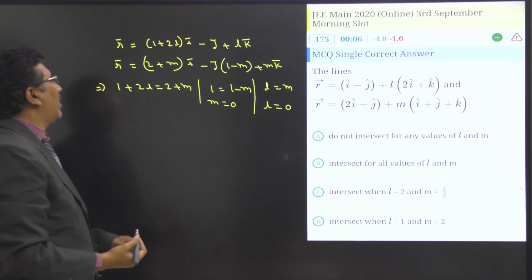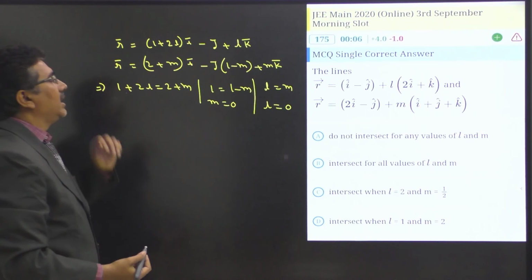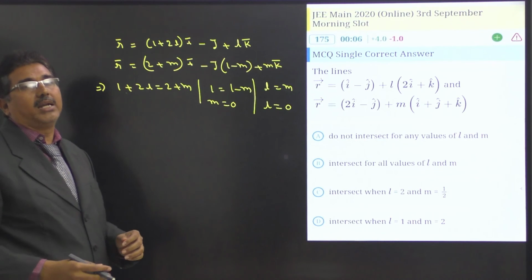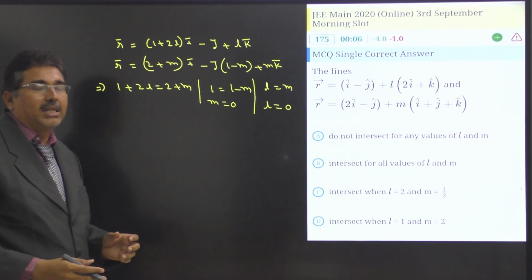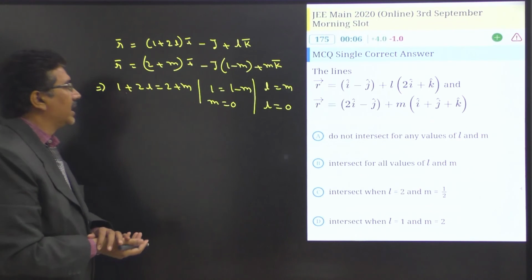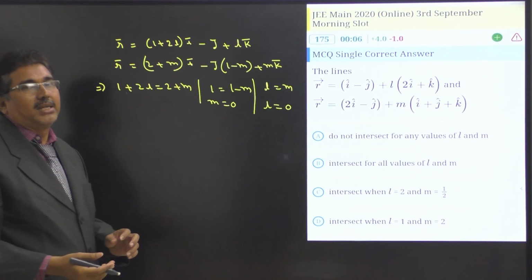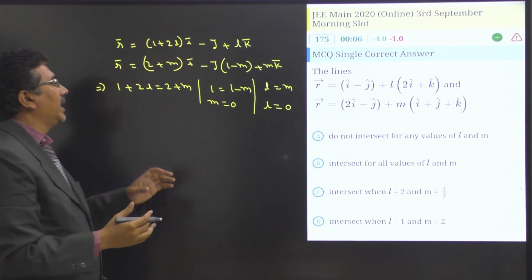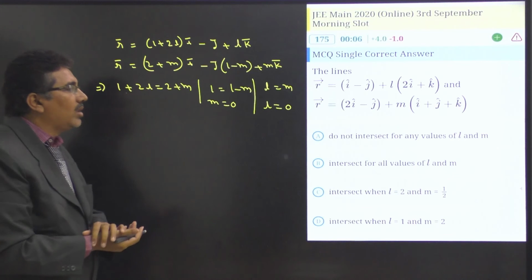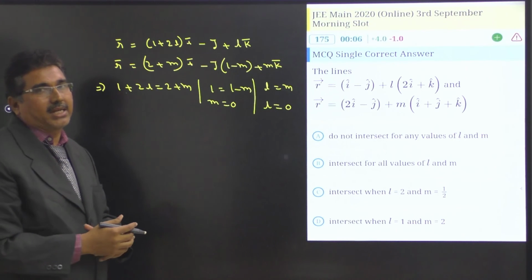Substituting the values of L and M in this equation, if the equation is satisfied, then the two lines intersect. Otherwise, if the values of L and M do not satisfy this equation, these two lines do not intersect.